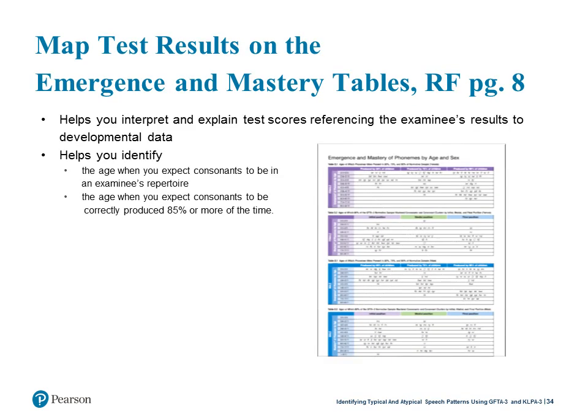Okay. This is our map test results. What we're doing is we're going to map the test results on emergence and mastery. It's what I alluded to before. When you look at those consonant error analyses, you can transfer it here and you can say, hey, when are S's supposed to come in for a child who's 6 and is a female, versus when are S's supposed to be mastered for a female at 6?